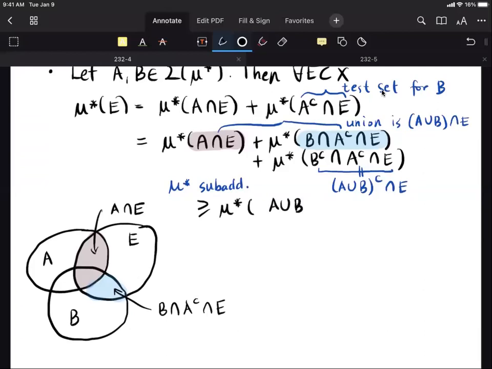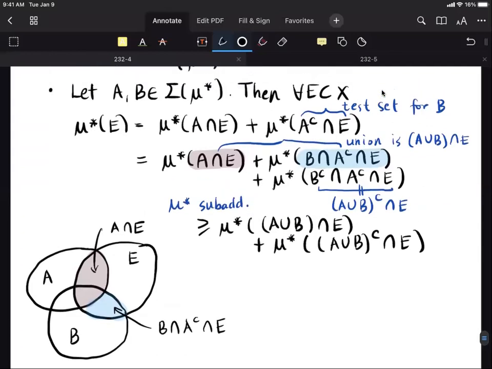And as we said, the union is (A union B) intersection E. And the last term is the outer measure of the complement of the union intersection E. So looking back at this inequality, the outer measure of E is greater or equal to the outer measure of those in the union and those in the complement.